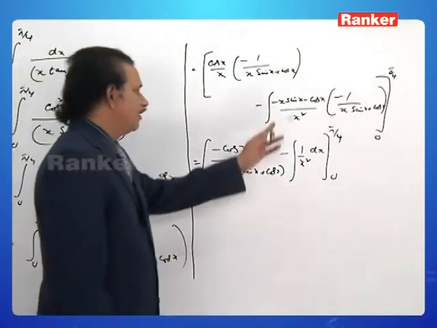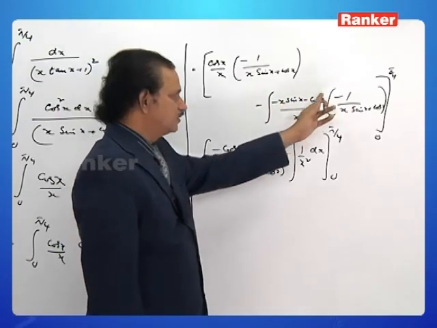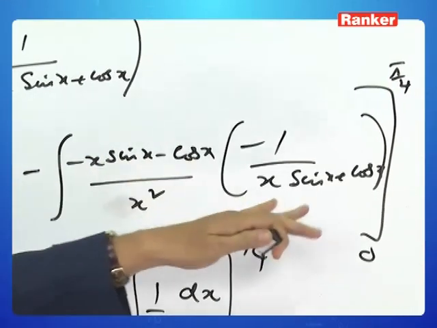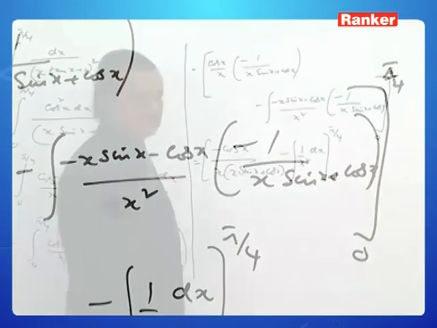Isn't it? If you get minus out, the product is minus of x sin x plus cos x and x sin x plus cos x go away, leaving you 1 by x square.